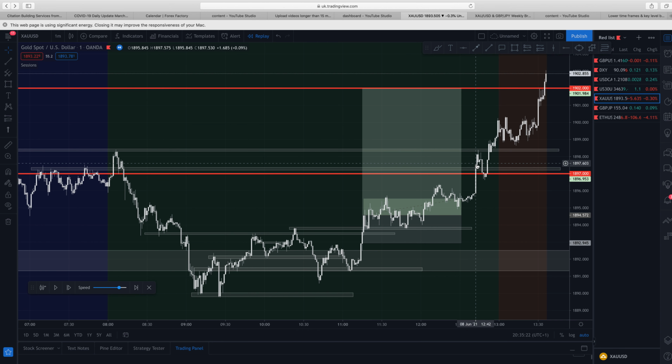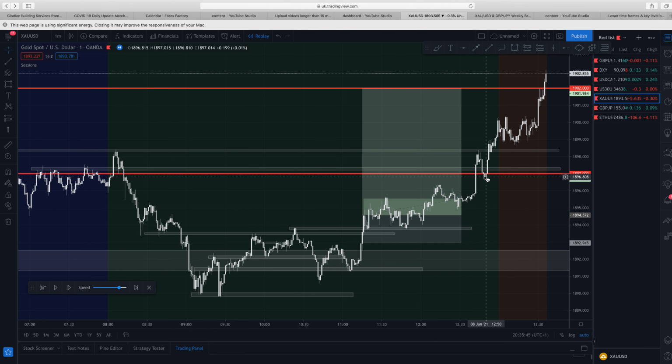You get the nice strong candle body closes above, and then here you've had a 15-minute, 12:45 candle. You've had a 15-minute close above this key level. That's fine. You're going to anticipate a bottom wick coming down. You do get the bottom wick. You do retest 1897, and this would be a potential re-entry level.